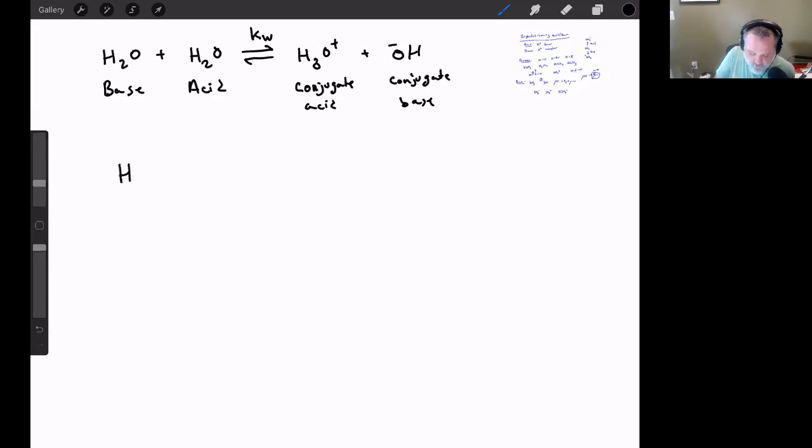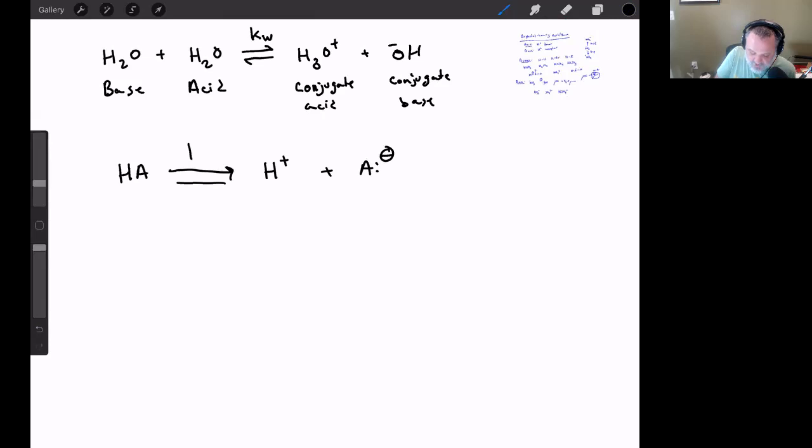But we can write this hypothetical reaction where we have a hypothetical acid, HA, and it can donate a proton and become H plus and A minus, where A has some electrons and in this case is negatively charged.